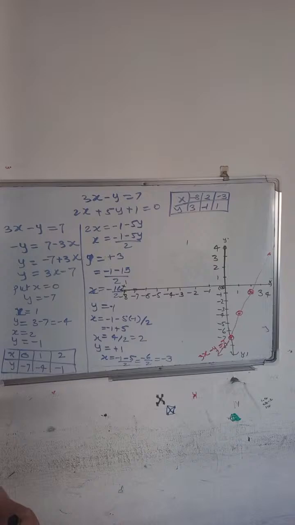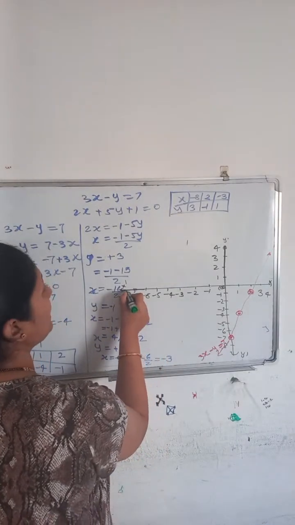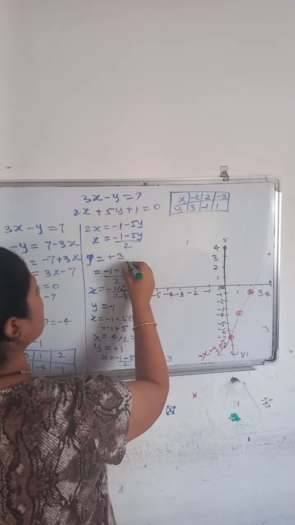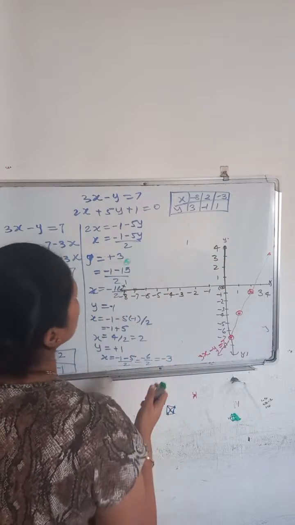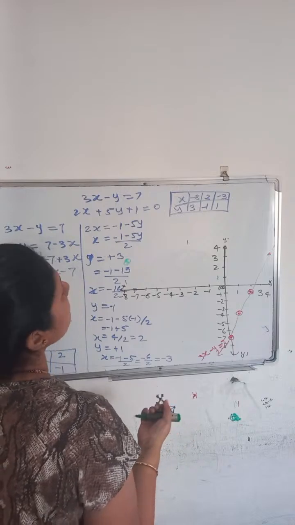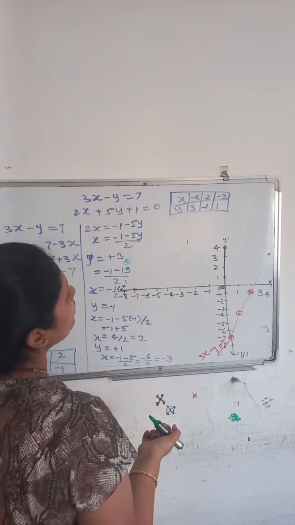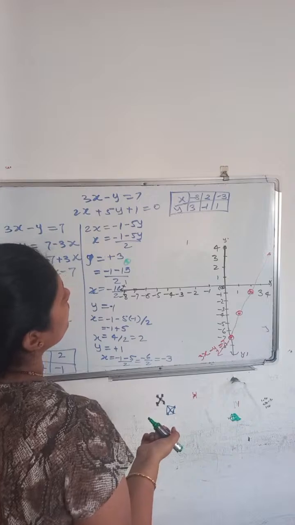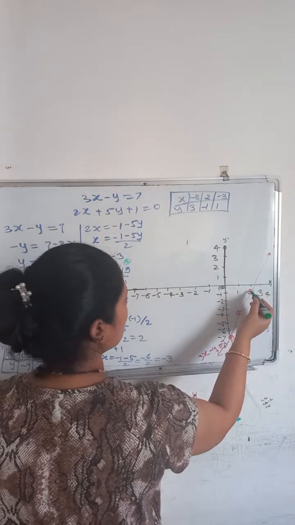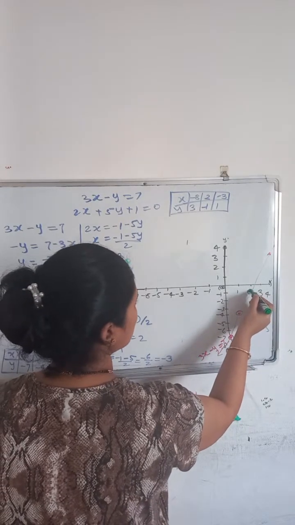Then second, we have -8 and 3. So this is a point I have. Then 2, minus 1. 2, minus 1 means this.